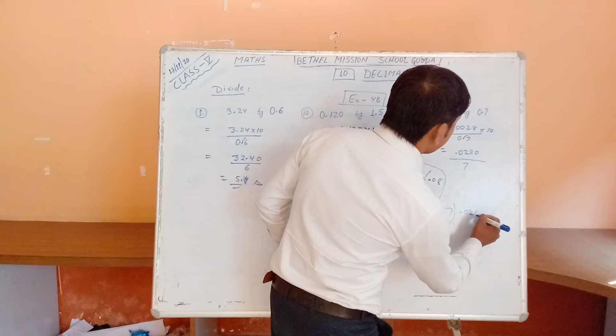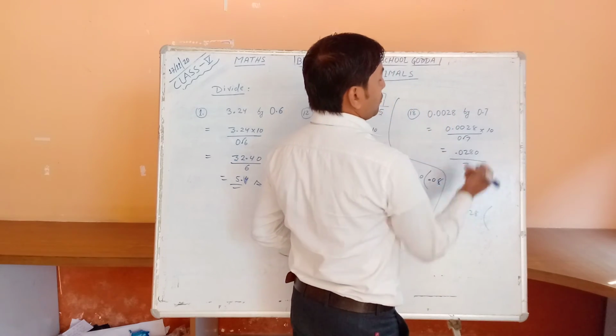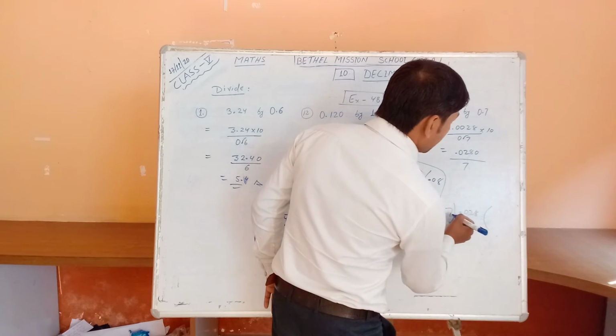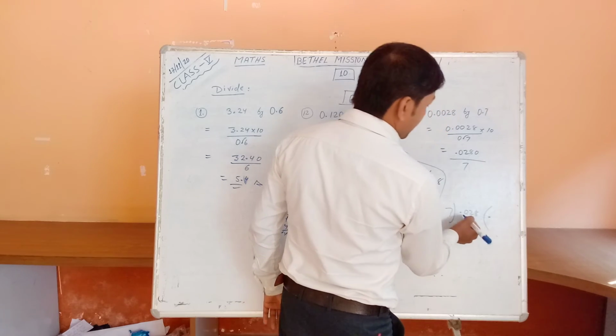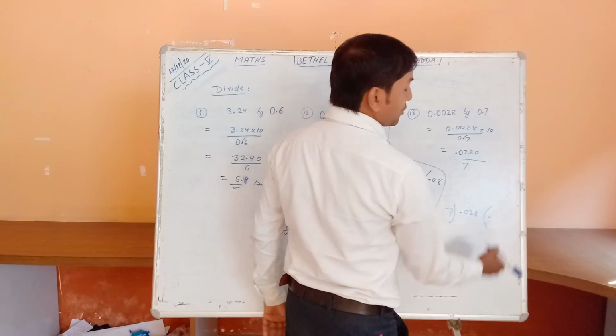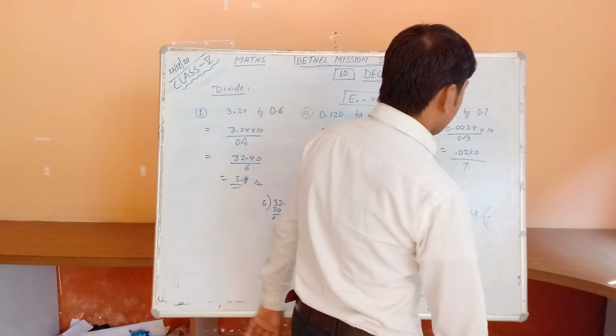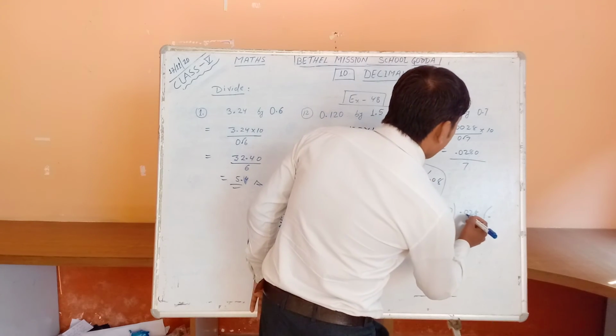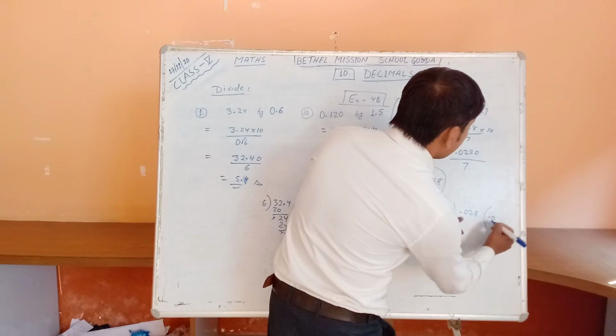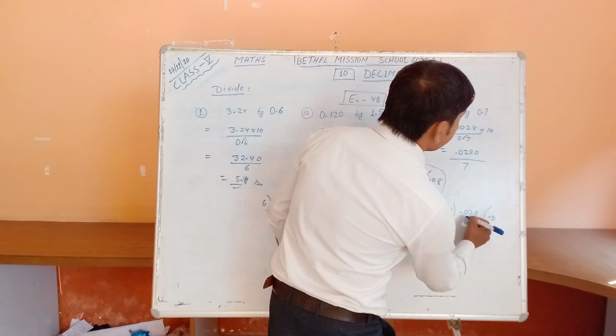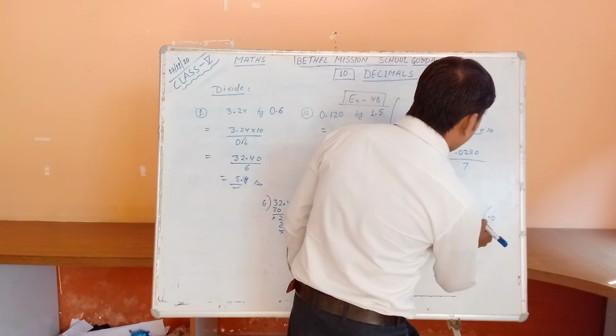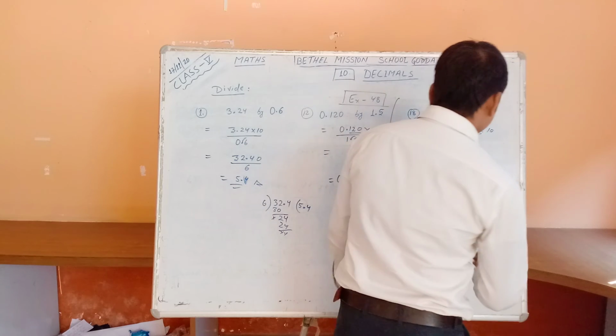Divide 0.28 by 7. After the decimal, a 0 has no value. The quotient's decimal is at the starting, so we put the decimal at the start here also. Then 0, so put 0, and now 2, and 8, 28.